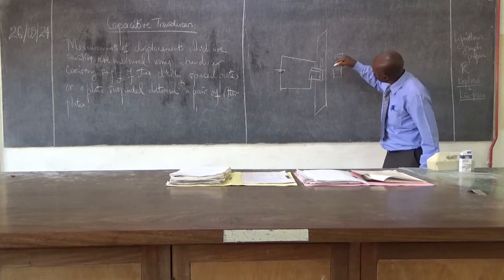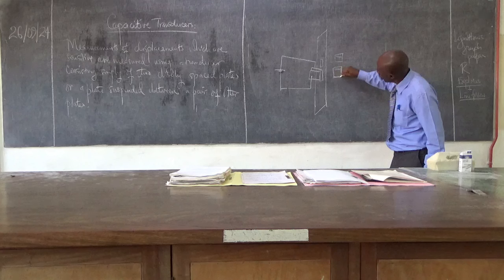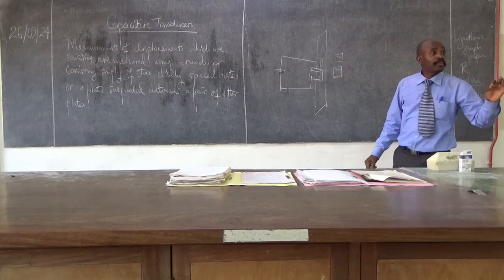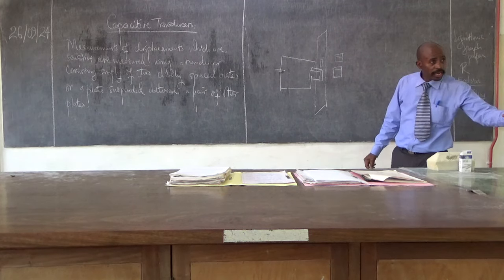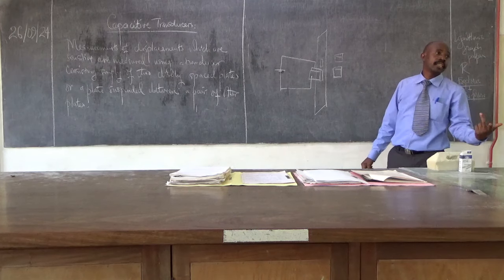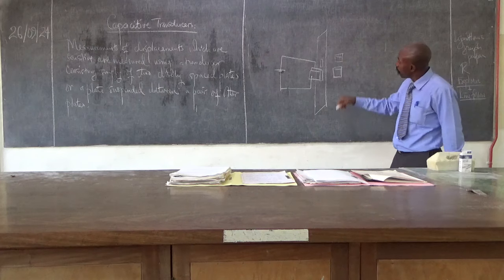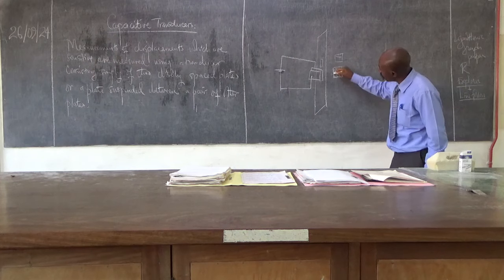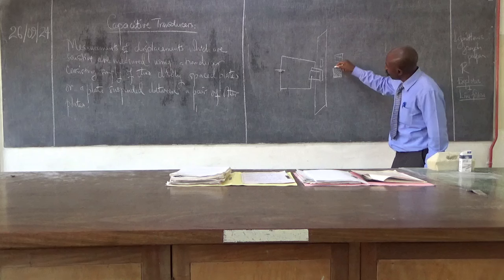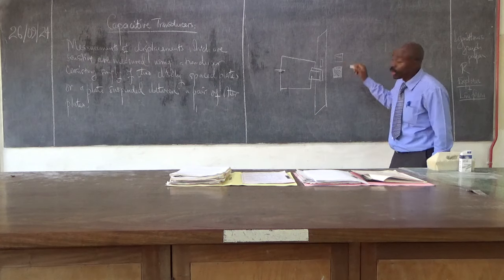And then this one here, you can make it in a material which is a dielectric but strong enough to act as the plate. These ones are metallic, but you can now make them from materials that are dielectric and strong enough.